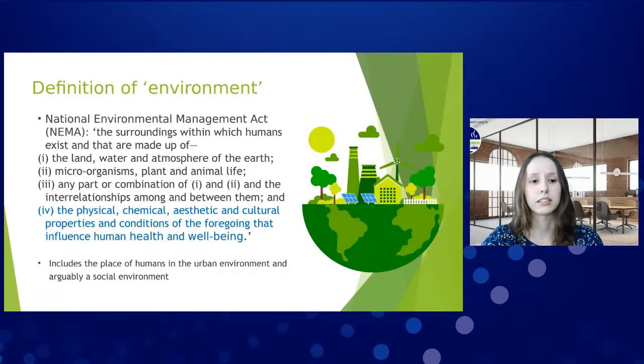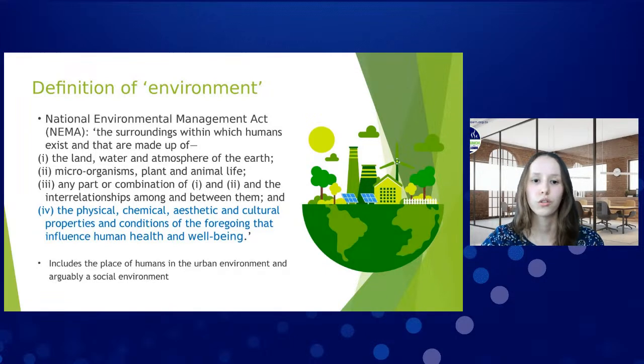And that basically encapsulates that the environment includes various aspects of the ecosystem, such as land, water, atmosphere, and also microorganisms, plant and animal life, and also a combination of those things.